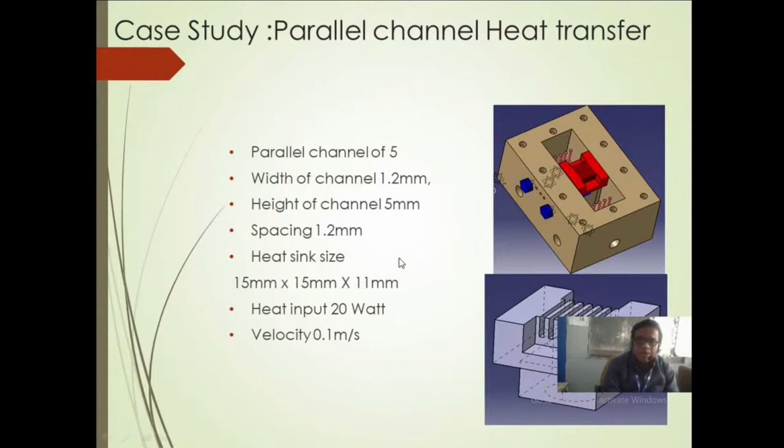So our input is, there are 5 parallel channels. Width of channel is 1.2 mm. Height of the channel is 5 mm. Spacing between the two channels, which is nothing but the solid wall thickness, is 1.2 mm, and the heat sink is 15 mm by 15 mm by 11 mm.